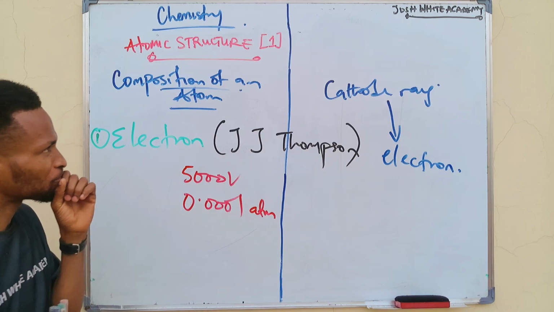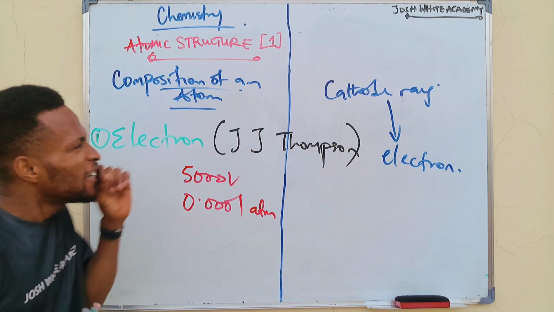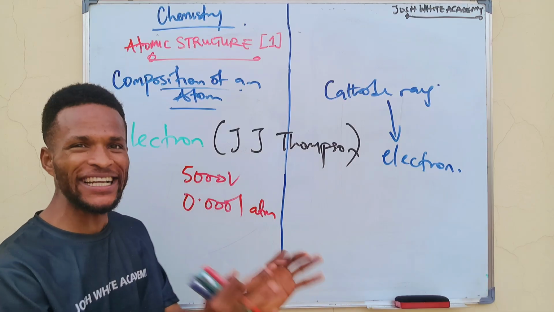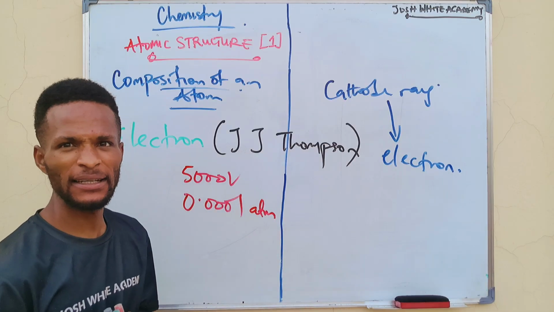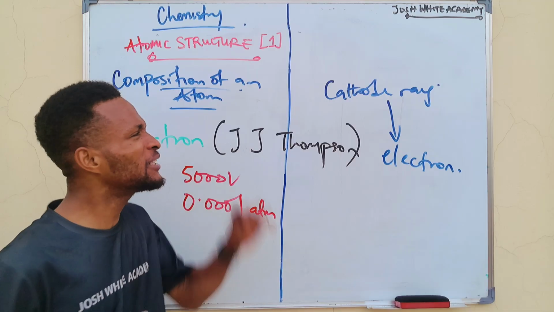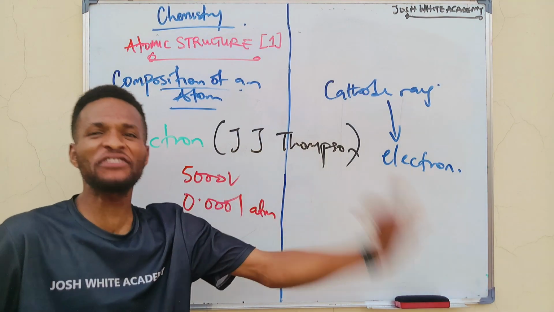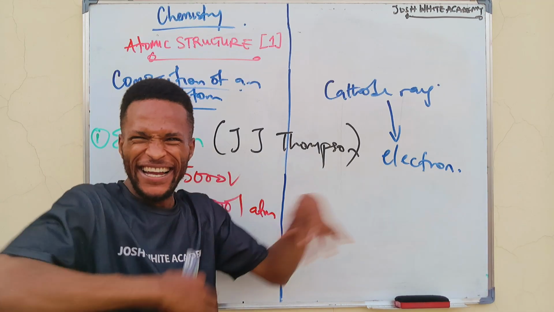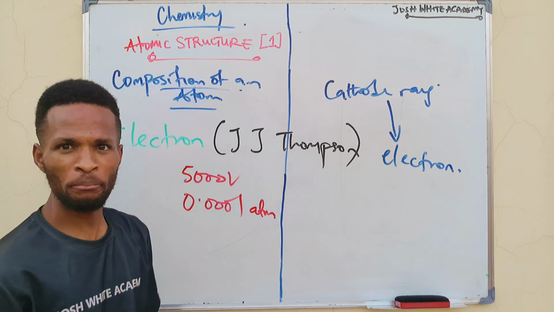And he noticed that the atom is electrically neutral. That means if the atom is neutral, there must be an equal positive charge neutralizing the already existing negatively charged particles.